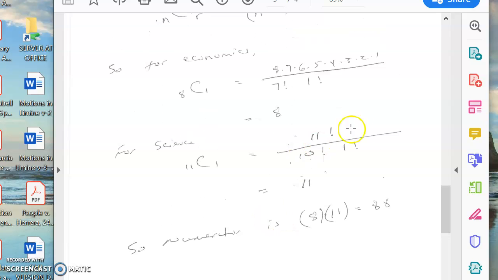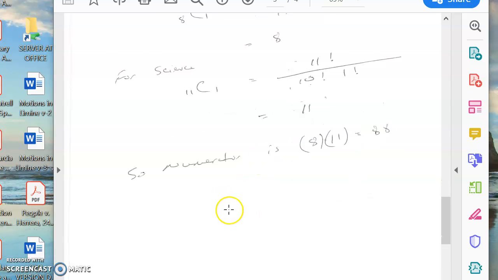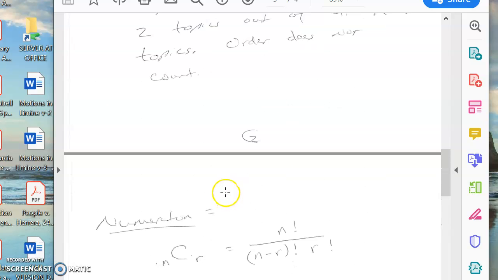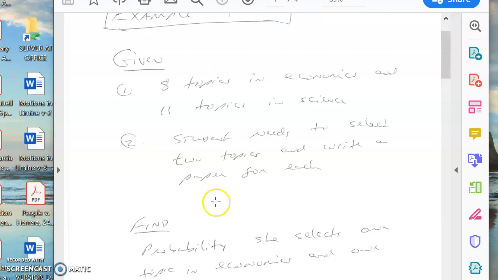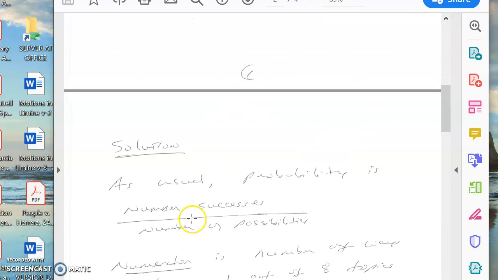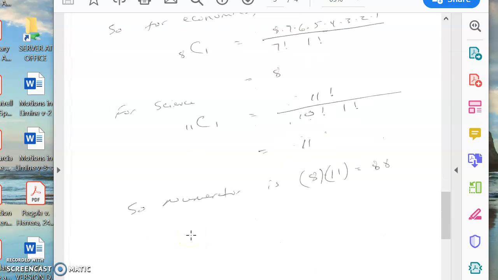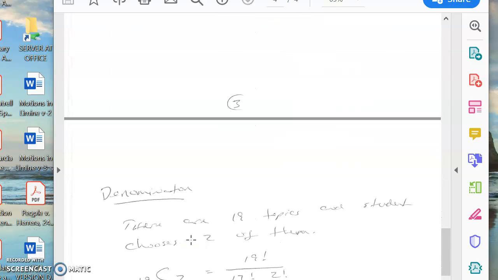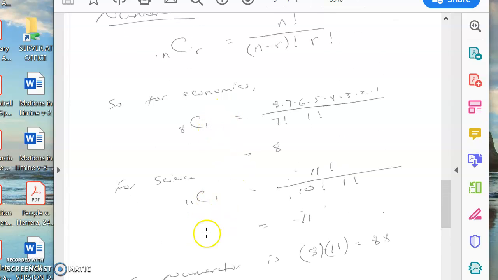So what's the numerator? Well, I guess I don't have it written out yet, but the numerator is going to be the number of ways that you can pick the economics times the number of ways that you pick the science.